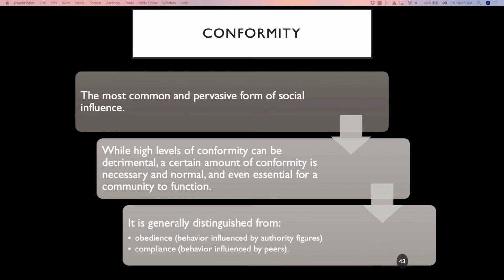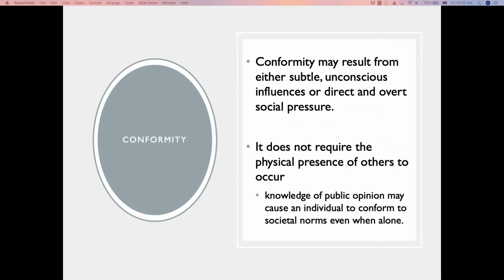Remember that obedience is all about influence by authority figures, and compliance is influenced by peers. Conformity is all about social influence and conforming to doing things that you are asked to do under the laws of society.